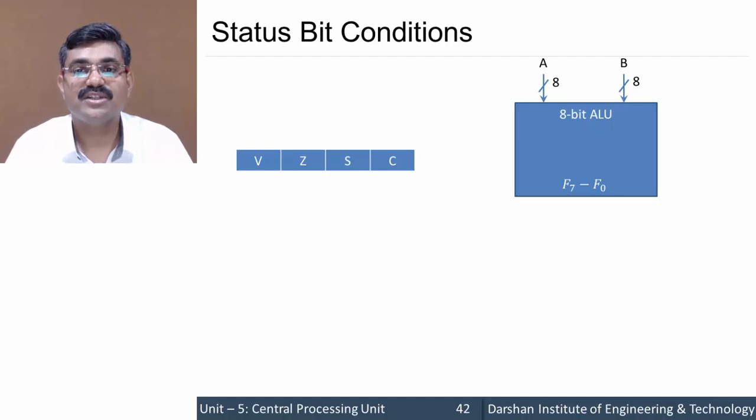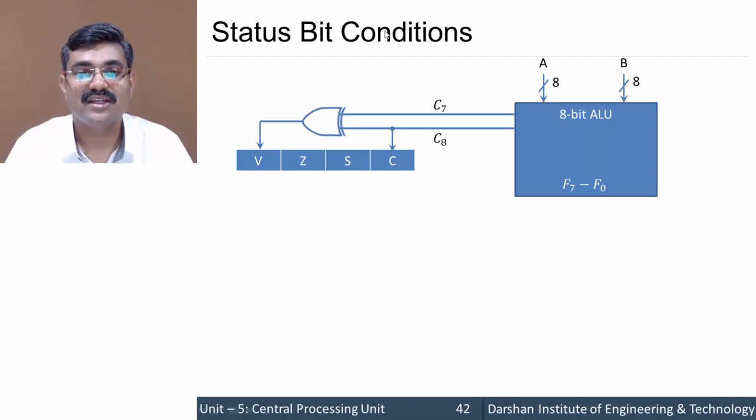If the addition operation is performed on these operands A and B, then the carry bits C0 to C7 may be generated. But an extra carry may also be generated, which we term C8. If C8 is generated, then the carry is generated and it reflects in our carry flag. That means the C flag or C status bit is set to 1.